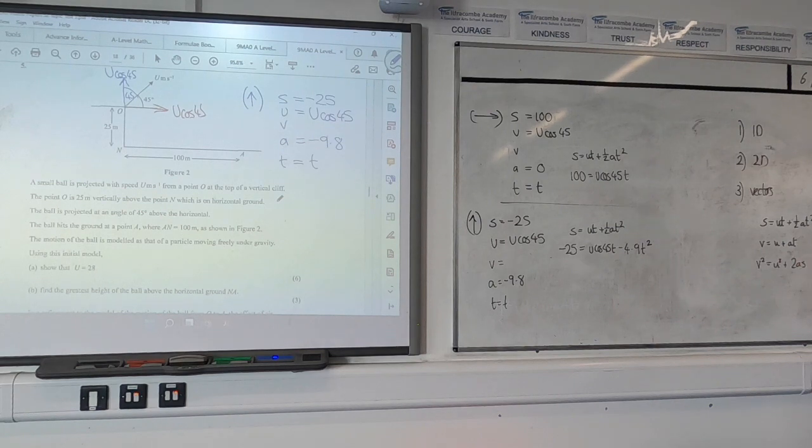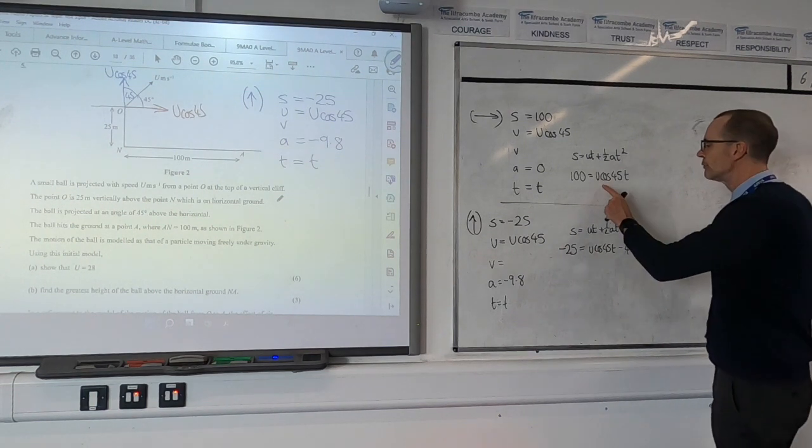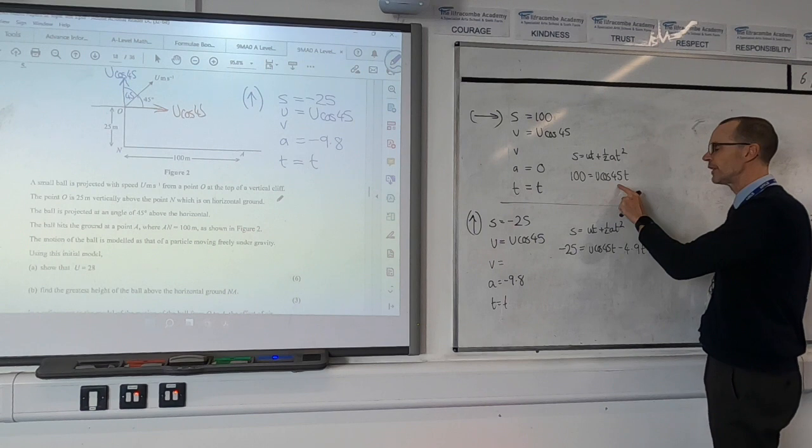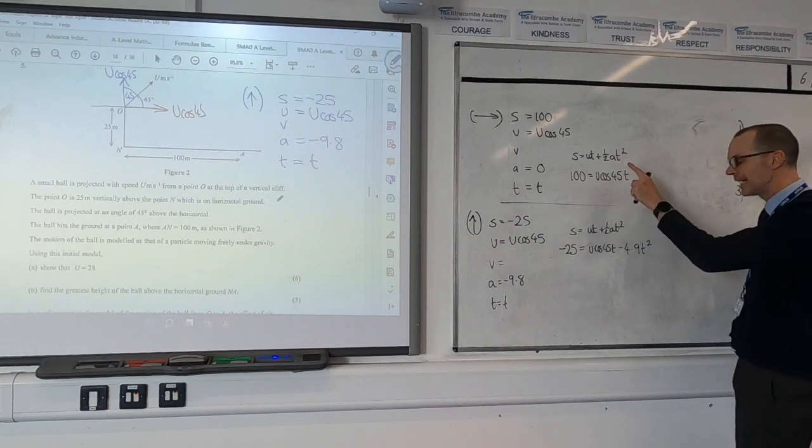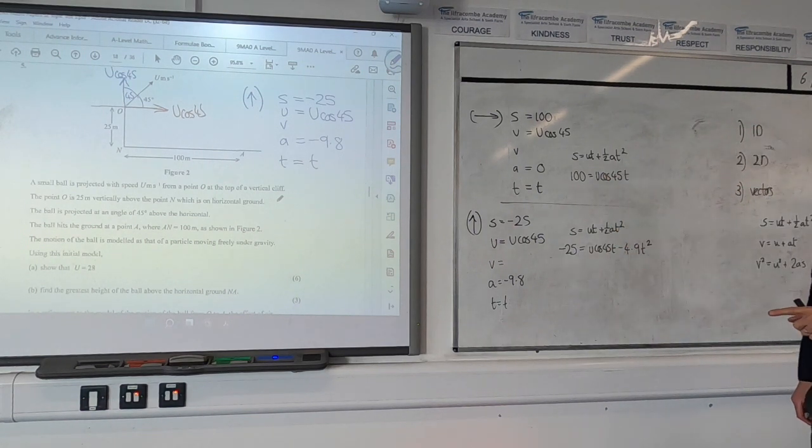That's 6 marks, so there's quite a lot of work involved here. There's a couple of ways I could go. If I wanted to find t, then I could rearrange this to say u cos 45 equals 100 over t and substitute that into there. But I don't want to find t, I want to find u.